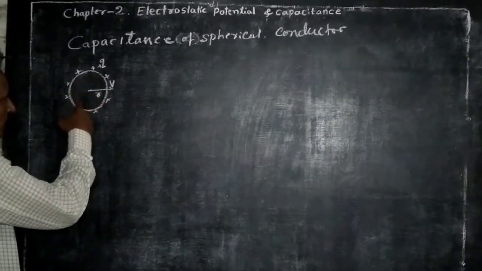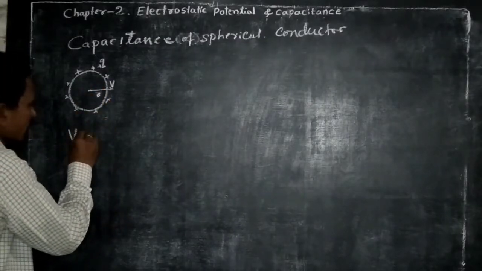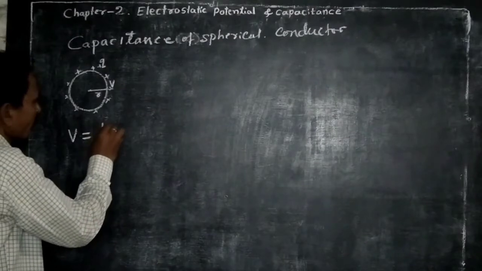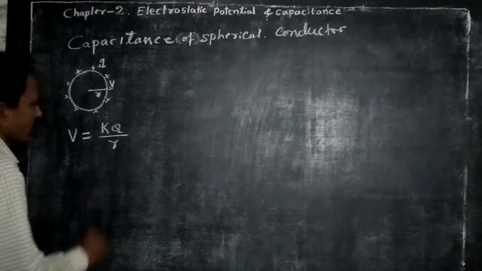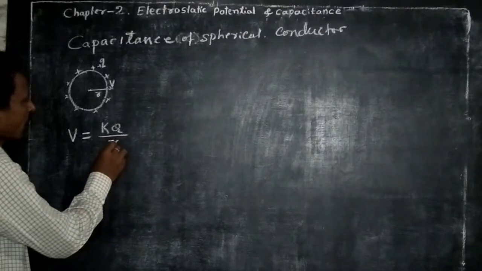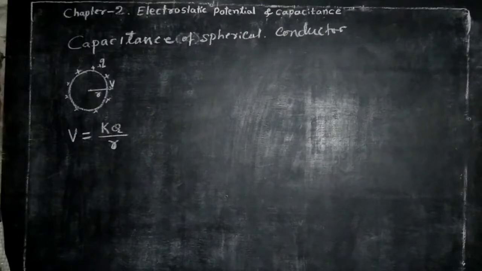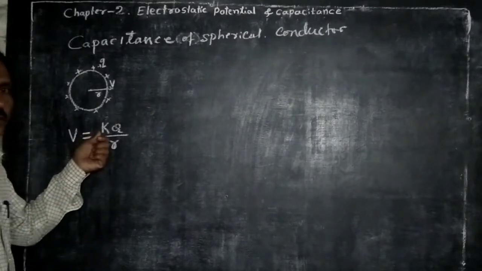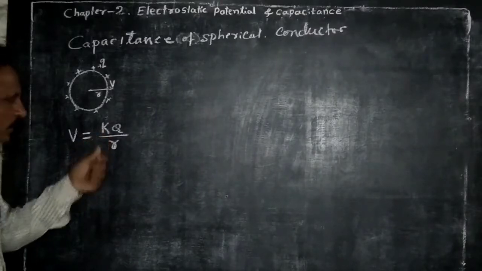potential at any point on the surface is equal to kQ upon r, where r is the radius of the spherical conductor and k is Coulomb's constant, and its value is 1 upon 4 pi epsilon naught.